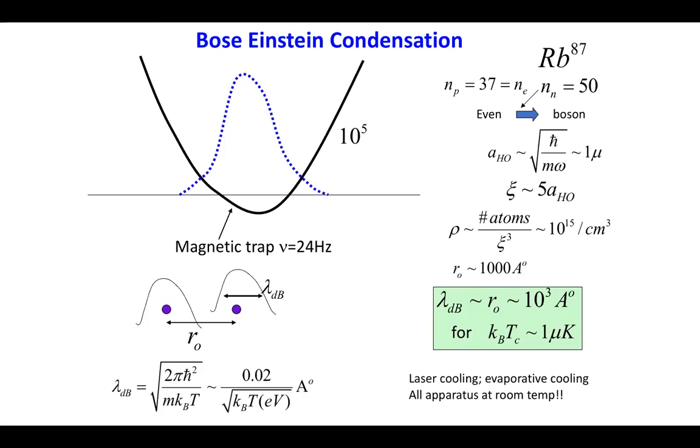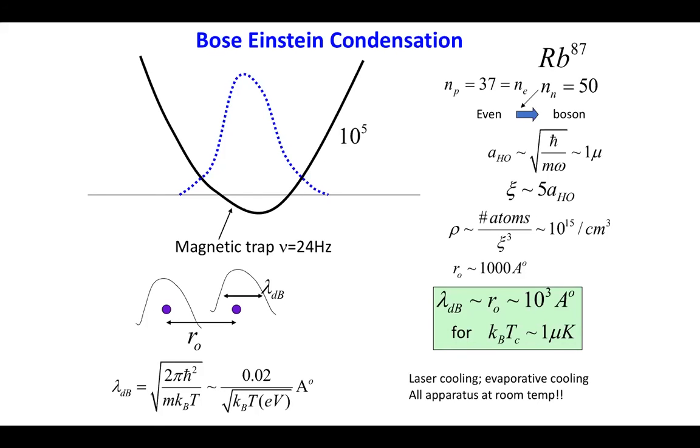So what you have is a de Broglie wavelength for each atom. And the de Broglie wavelength is h over the square root of m k T. And so you can write that out. You can put in the mass, and you get this relation between the de Broglie wavelength and the temperature. And so if you equate the de Broglie wavelength to the interparticle spacing, that's when the wave functions will start overlapping. Then you get a temperature of about 1 microkelvin.